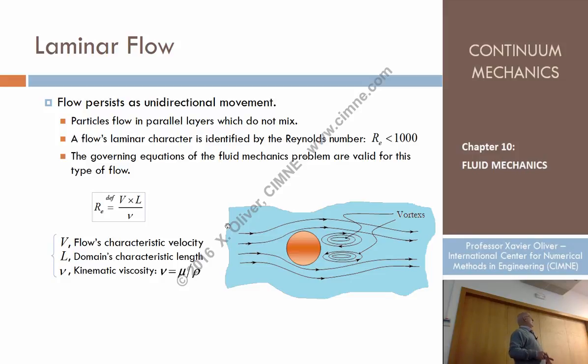For instance, in our design of canals, pipes, and spillways. You know what spillways are in dams? The aliviaderos. There is a typical laminar flow. It doesn't mean that the velocity cannot be large; the velocity can be large, but the Reynolds number is small.